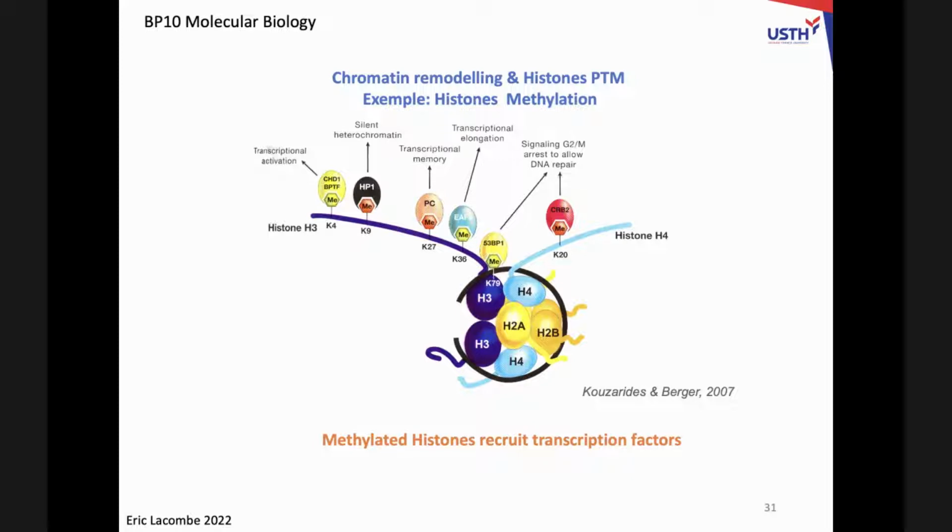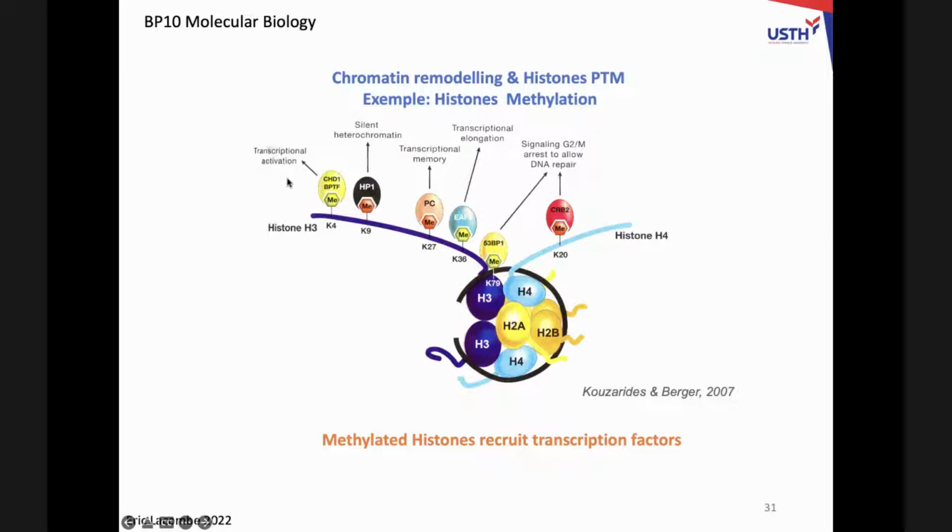So it has been methylated by a writer, and HP1 is a protein that is able to read this state of methylation. And in this drawing, you see that, for example, the methylation of lysine 9 of histone H3 will allow the interaction with HP1, and the consequence of interaction with HP1 will be the formation of heterochromatin, so no gene expression.